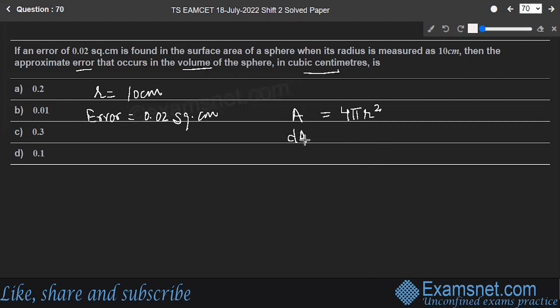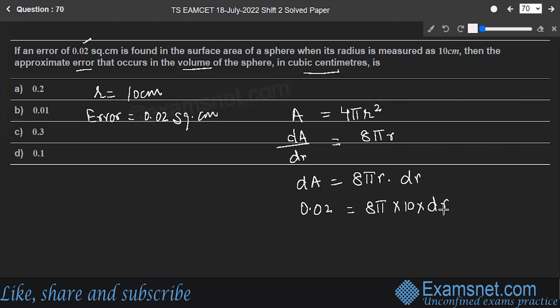So we are talking about the error. Let's find the first derivative of the area with respect to the radius. So dA by dr is going to give me 4 into 2, that is 8 pi r. dA will be equal to 8 pi r into dr. Now dA is equal to 0.02 is equal to 8 pi into 10.